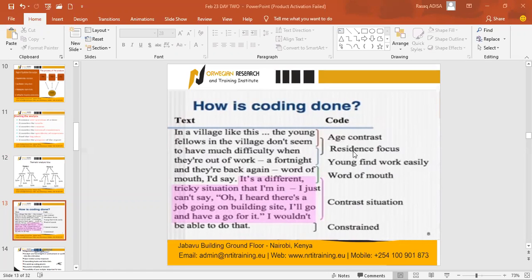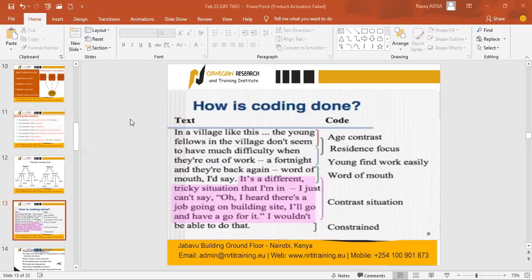So the codes you have on the right are short words that capture what the people are saying in the text that you are trying to analyze. So this process is what they call coding, and it is one of the backbones. It is fundamental in qualitative research.